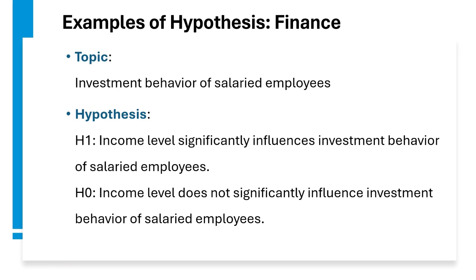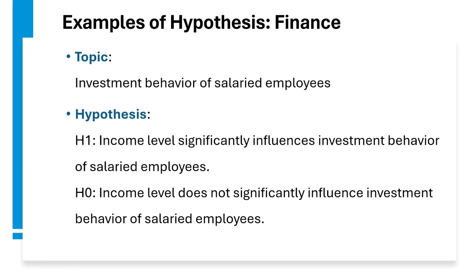So here is another example from finance. This is an interesting example. Suppose the topic is investment behavior of salaried employees. Now we can find that here is only one variable, that is investment behavior of salaried employees. Another variable is missing. So through literature review, you can find out the variables. Now, generally income level has an impact on investment behavior.